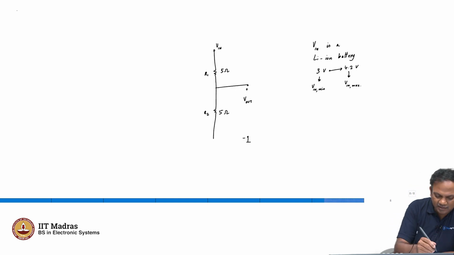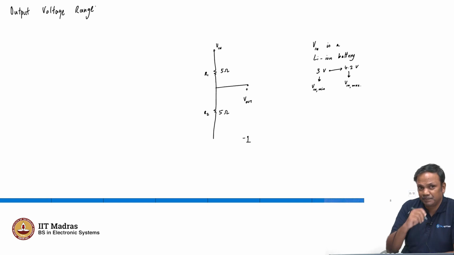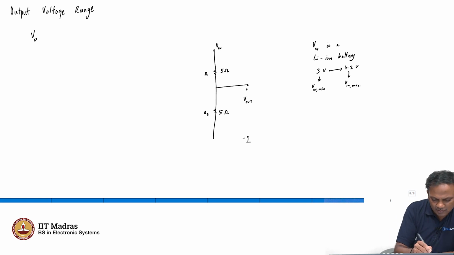Here V out is equal to R2 by R1 plus R2 into V in, so this is just 0.5 times V in.